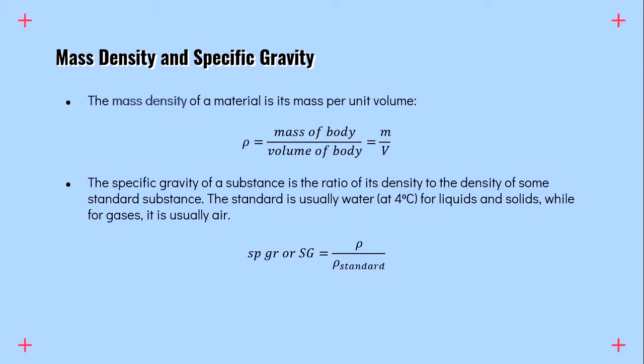The standard is usually water at 4 degrees Celsius for liquids and solids, and for gases it is usually air. So the general formula for specific gravity is Sg equals rho over rho standard, or the density of your substance divided by the density of your standard, which is water or air.